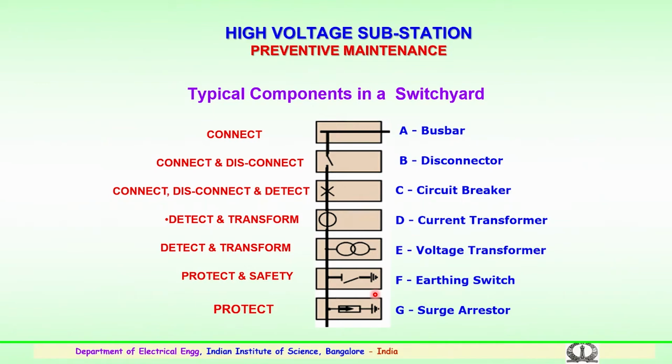The surge arrester is a very important component and it quenches the surges, lightning or switching surges, and protects the major equipment like the transformer, circuit breakers and other relays and controls in the substation. So, these are the important components in any switchyard of a high voltage or EHV substation.